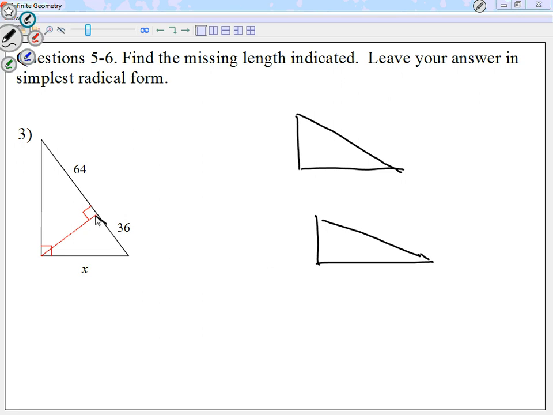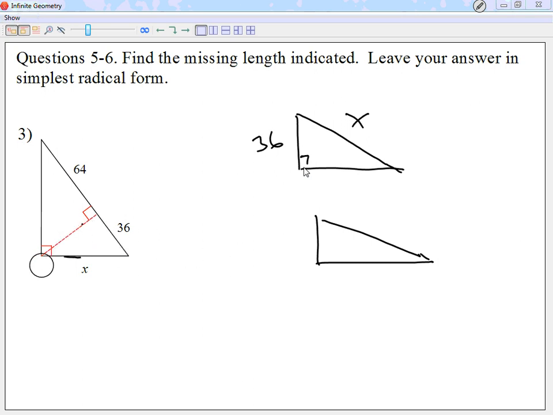If I look at this one, this is 36, this is x. So I'm looking at this little triangle. Here's my 90-degree angle. X happens to be the hypotenuse, 36 the smaller side. So here's x, here's 36. If you notice, I have the small triangle. Obviously, flip it a little to match that figure.